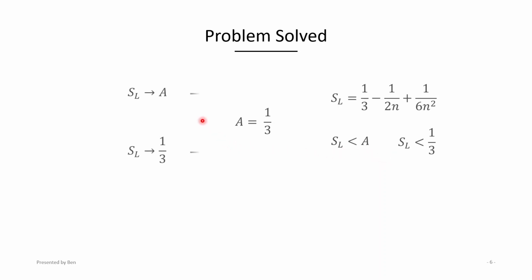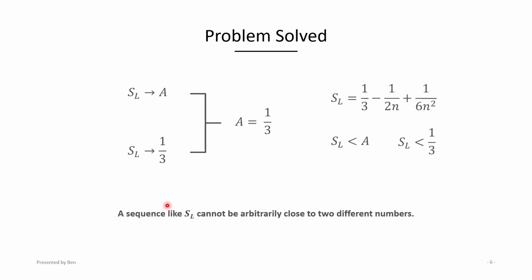The special thing about SL is this new relationship being infinitely close or being arbitrarily close. From now on, if I have a sequence like SL that shows such a relationship, I will know being infinitely close or being arbitrarily close is a bit special.